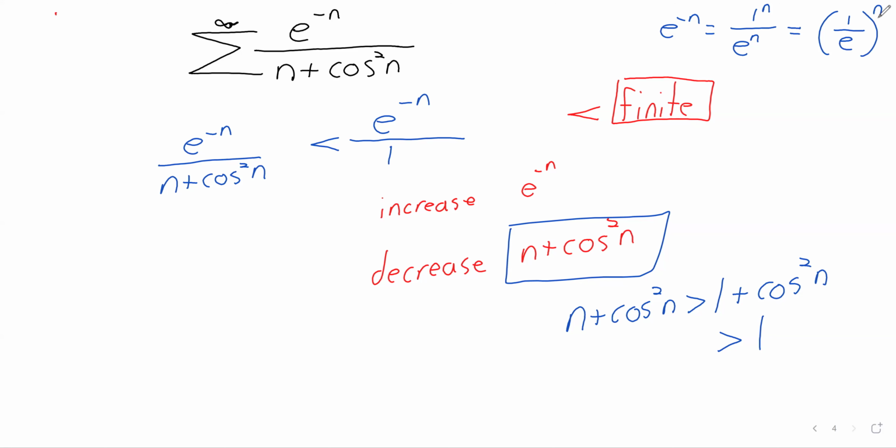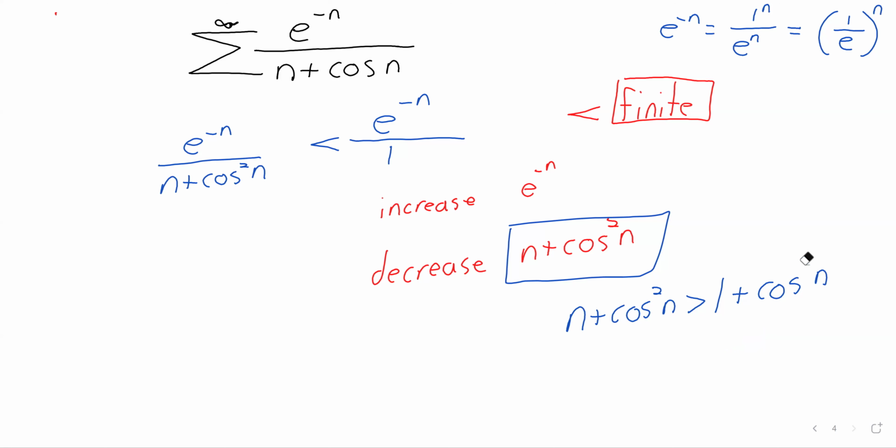Again, going back to the pickiness of this test, this cosine squared that looks as if it's making this thing more complicated is actually making it easier. If we just had the cosine, it's not at all clear how we would proceed, because the cosine can be positive or negative depending on what n is.